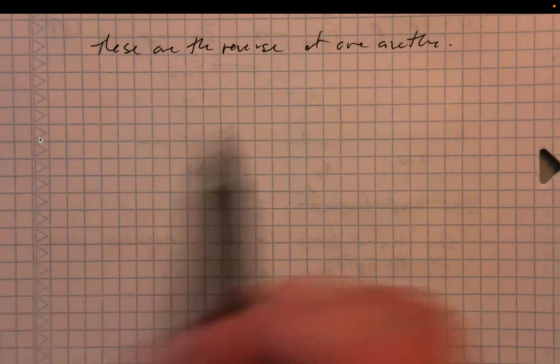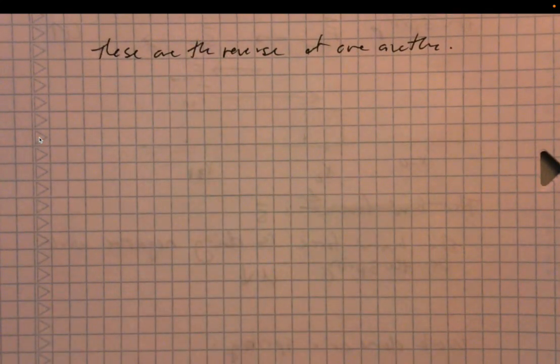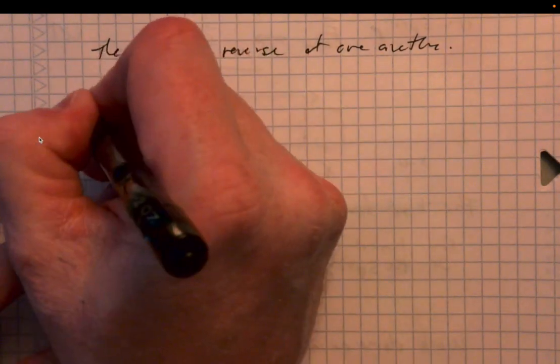So given W elastic to be the work done by a spring, we can also express the work done by the spring in terms of the given quantities at the beginning and at the end of the displacement.